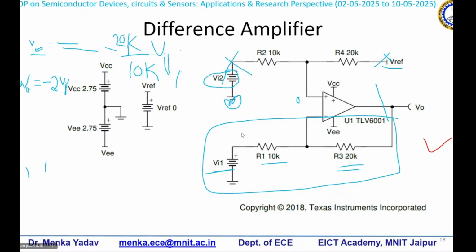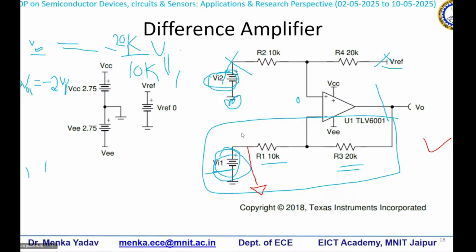That is because of the first one. Now because of Vi2, how much component we can have at the output, let us consider that. For that, we have to replace this Vi1 with the ground. So what will be the component at the inverting terminal? That is 0.